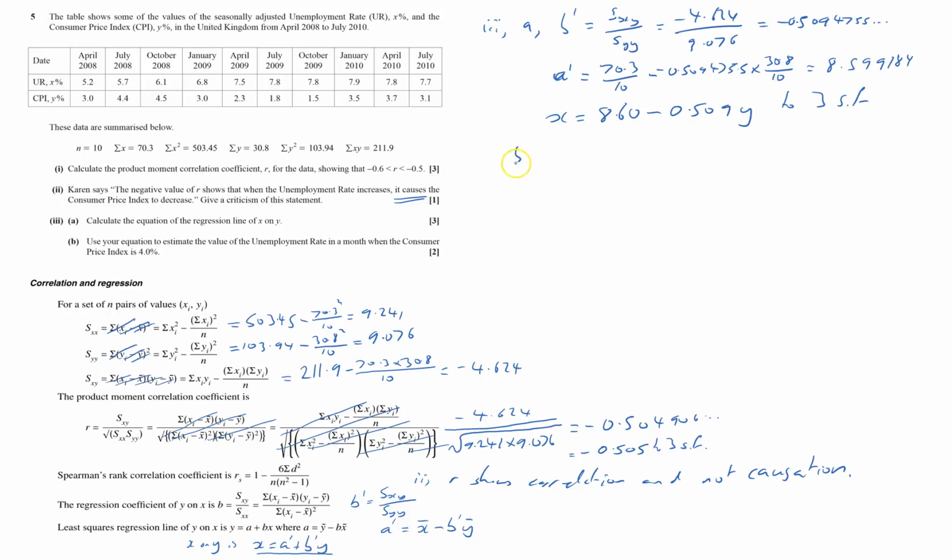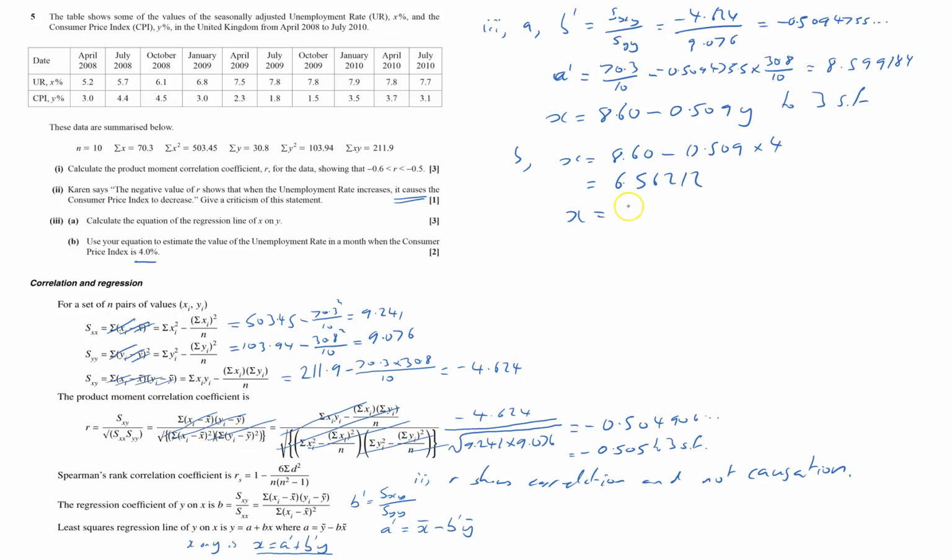And now part B, we've got to work out when x is 4, so when y is 4%, so I'm going to get x equals 8.60 minus 0.509 times by 4, which equals 6.56212.